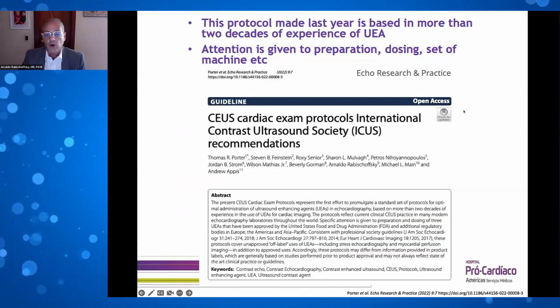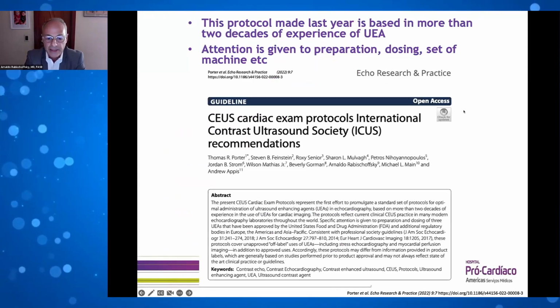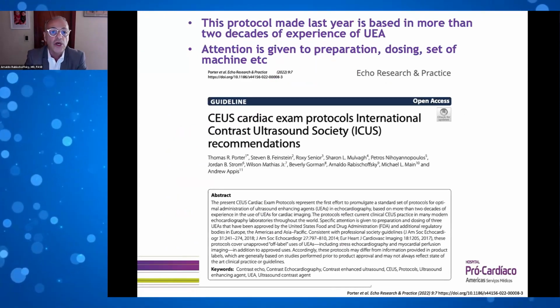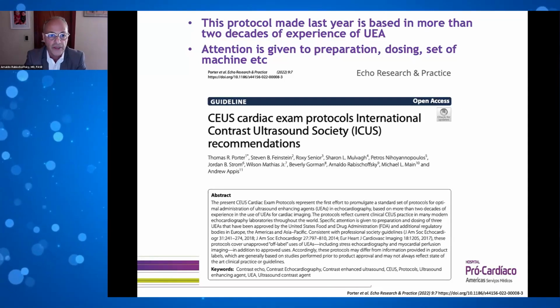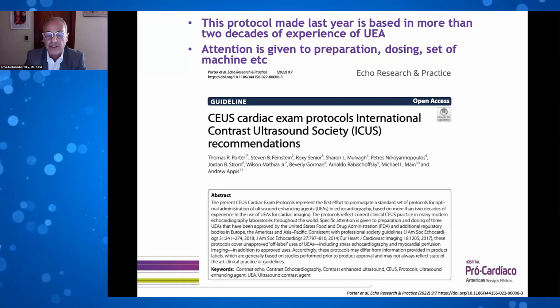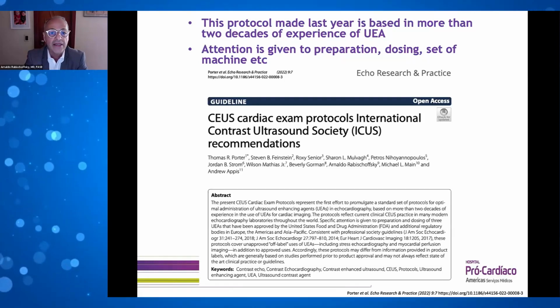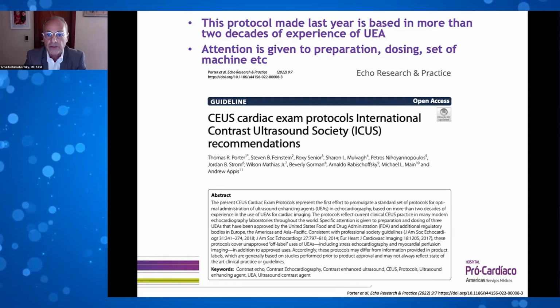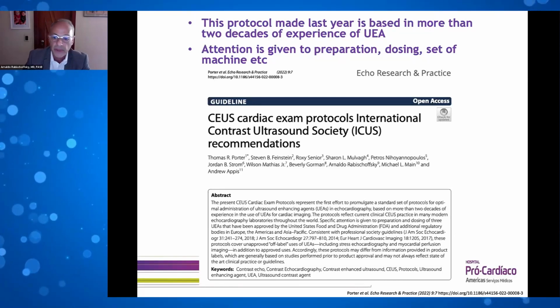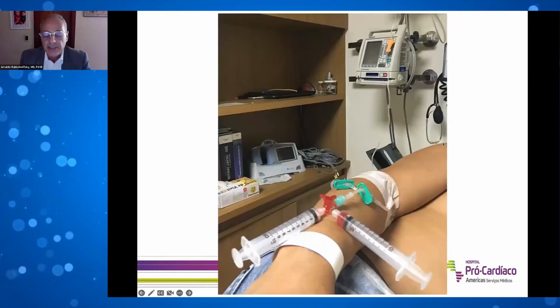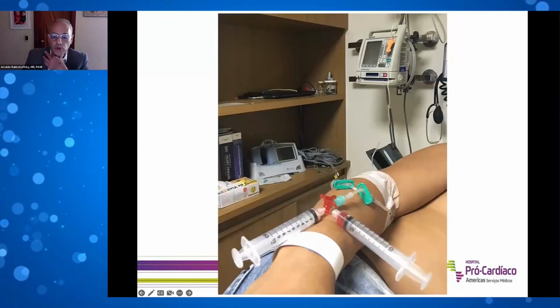These are the protocols made last year by the ICUS, based on more than 2 decades of use of contrast. The attention in this guideline is given to preparation and dosing, which is set in the preset of the machine. This is the way we start to do the contrast.